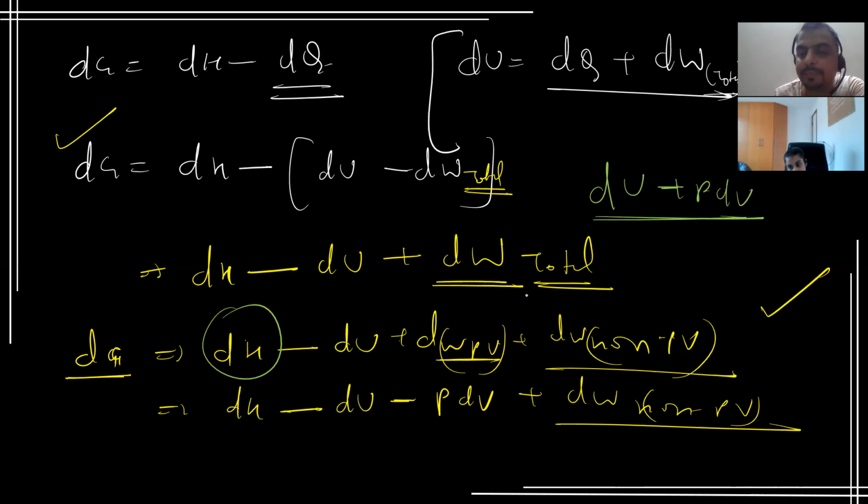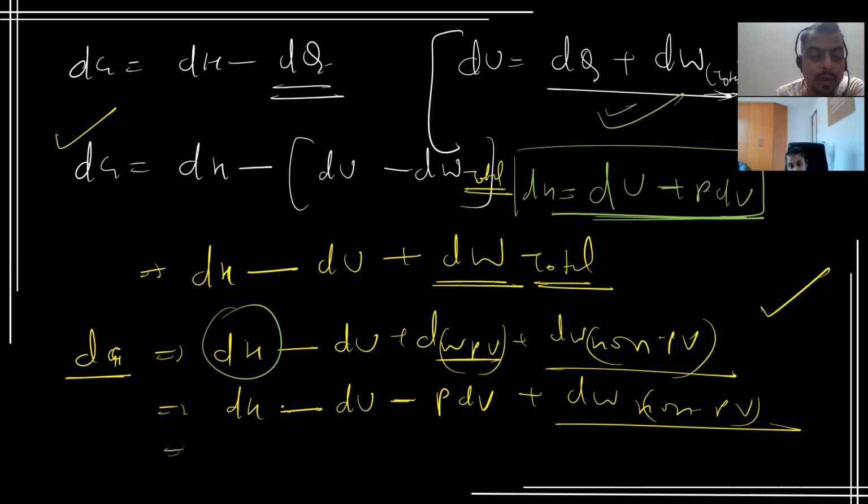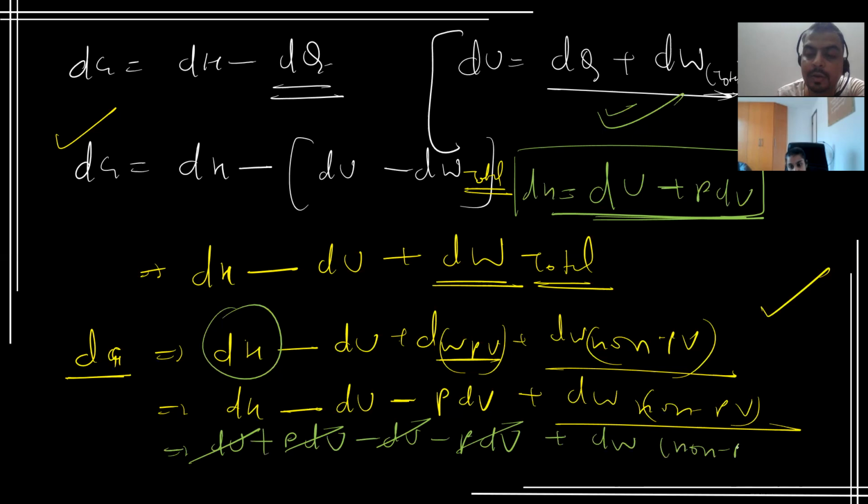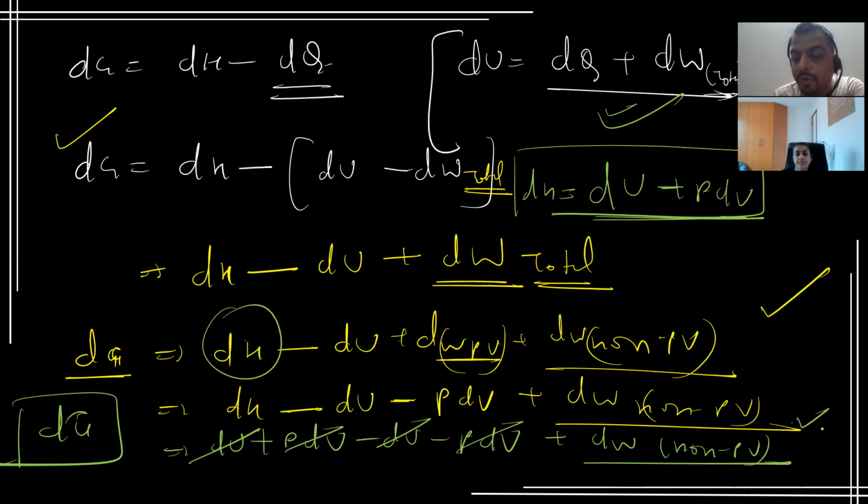You know this formula I have told you. So you can put the formula here: dU minus dU plus PdV minus dU minus PdV. So it will cancel out, become 0, and only what we will get is non-PV. We will get dG equal to dW non-PV.